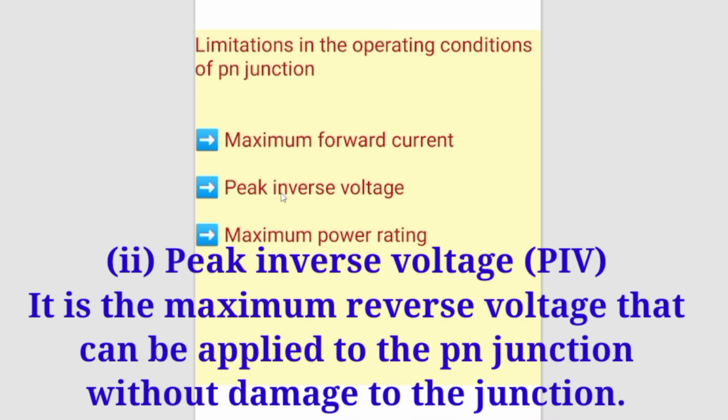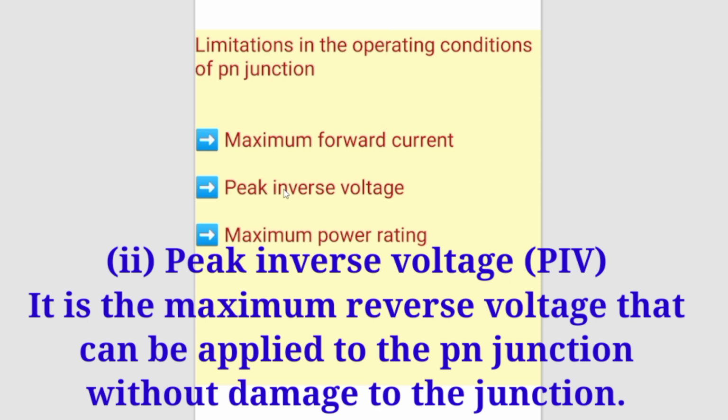Next one is peak inverse voltage. It is the maximum reverse voltage that can be applied to the PN junction without damaging the junction. If the reverse voltage across the junction exceeds its peak inverse voltage, the junction may be destroyed due to excessive heat. The peak inverse voltage is of particular importance in rectifier service.